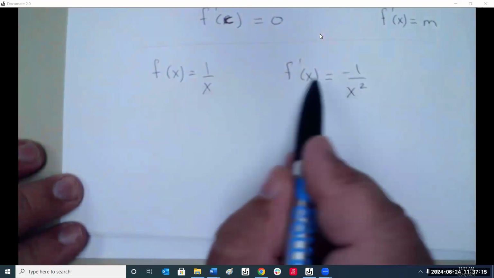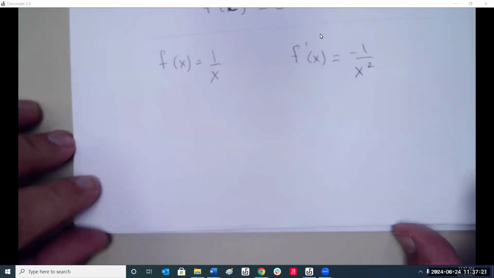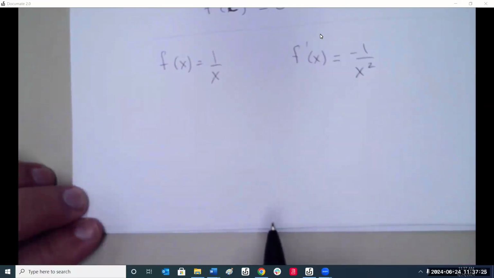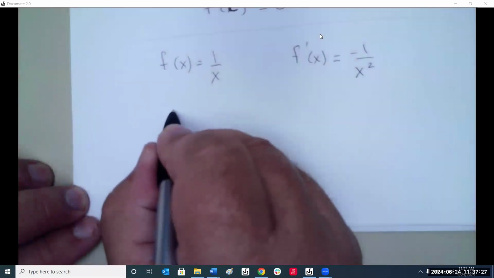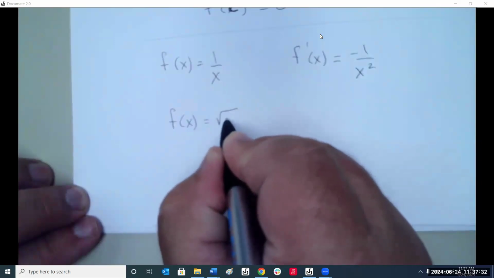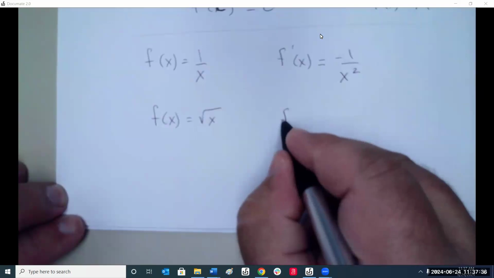Because I'm going to show you why. Last time we did this using the difference quotient and limit. I'm going to show you once we introduce the concepts of these functions. The derivative of a square root of x.